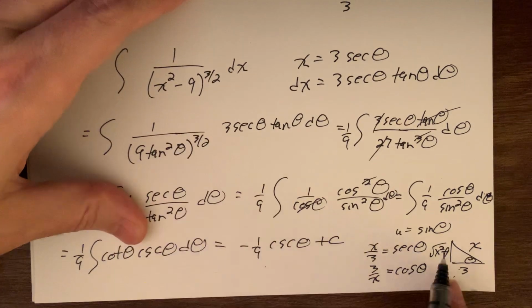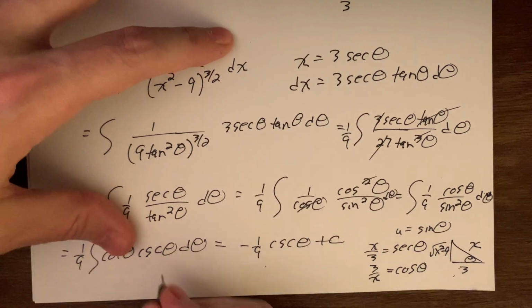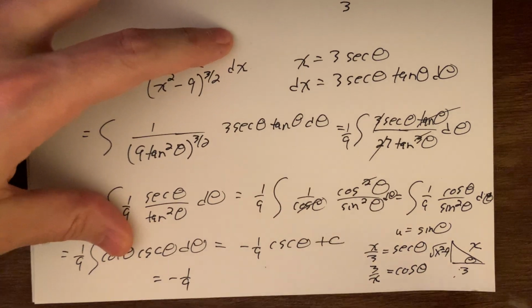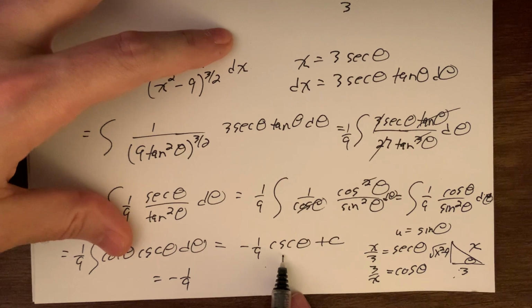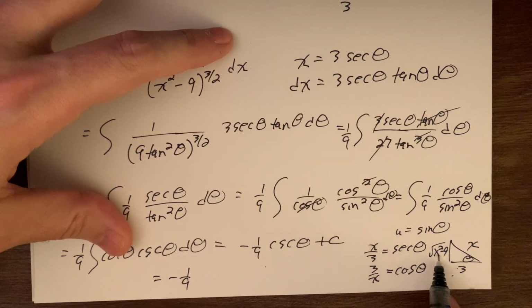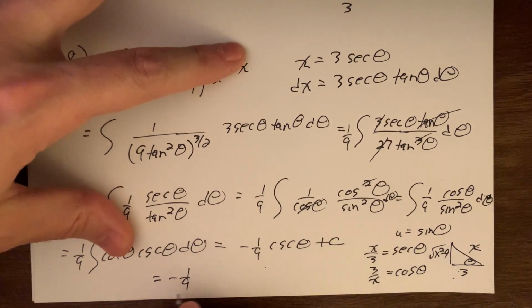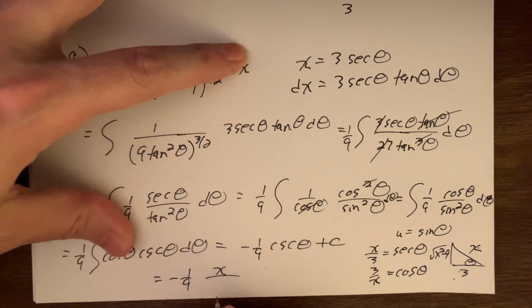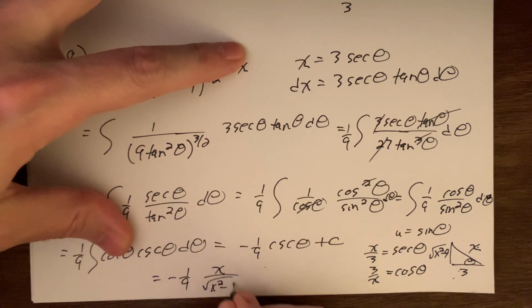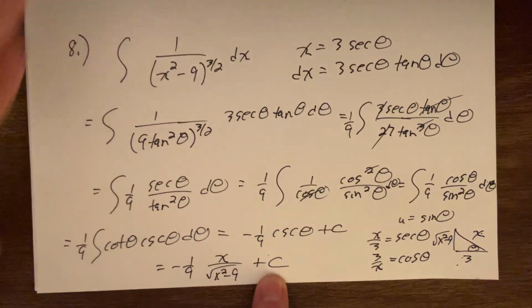You'll get the radical x squared minus 9. And now when I back sub, I want cosecant, but that is 1 over sine. Sine would be this over this, so cosecant will be this over this. Minus 1/9 x over the radical x squared minus 9 plus c.